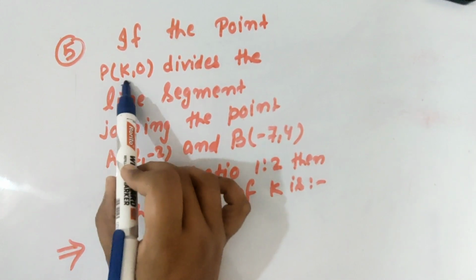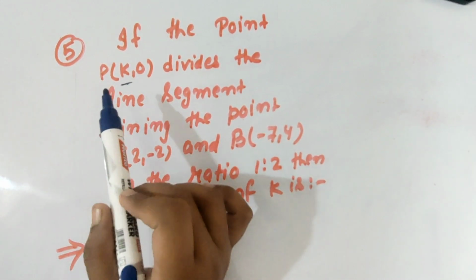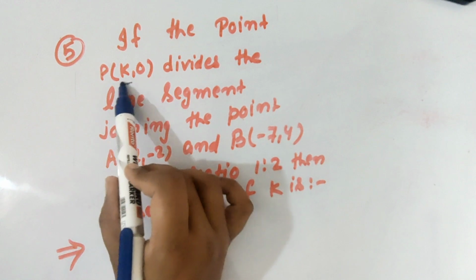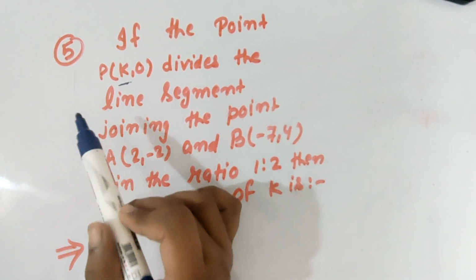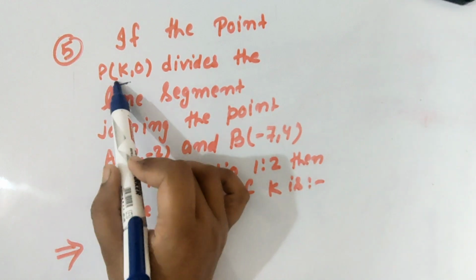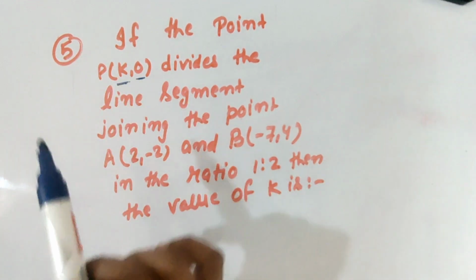In this question, two points are given, the ratio is given, and point P is given. We only need to find k. P has only a variable, not a constant, so we find only the x coordinate. Here P has x coordinate k and y coordinate 0.